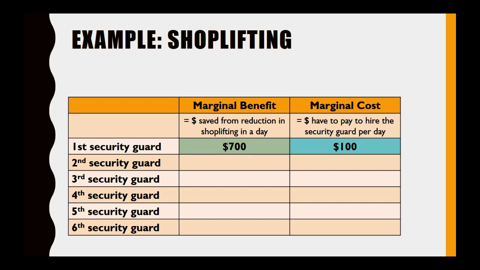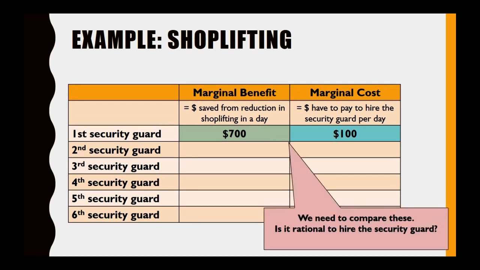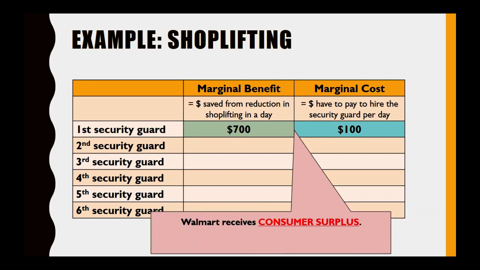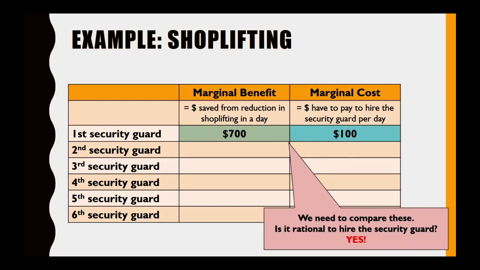So what does that tell me, guys? I have to spend $100 to hire him. Good. So our rule of optimality is very simple. It simply asks us to make a decision about whether we should hire him. Do we agree? It is rational to hire this person. So do we hire? Yes.